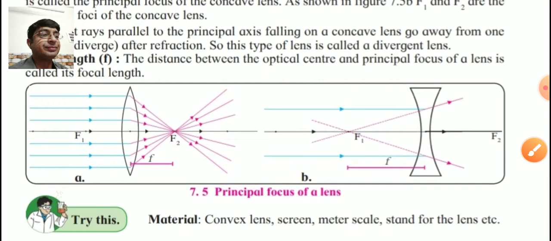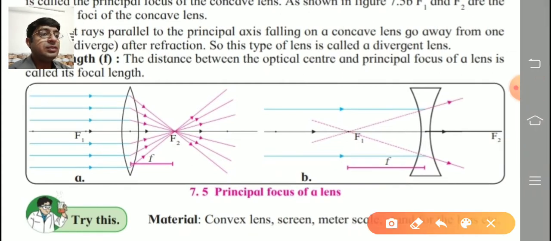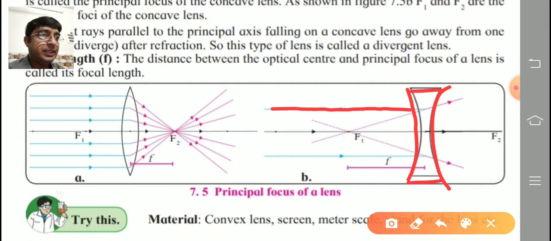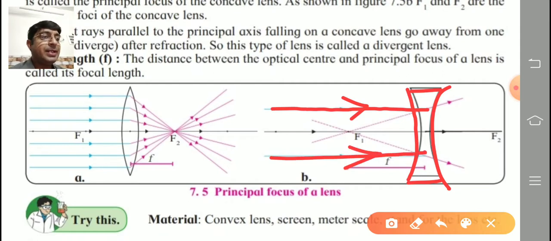Check there. So this is a concave lens. These blue lines are nothing but incident rays parallel to the principal axis. What happened after refraction? They diverge from each other like this.